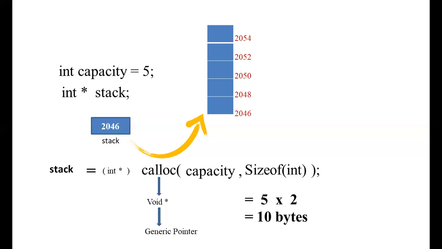Now you can ask me, if we want to store the 6th element, what do we have to do? We have to use the realloc function and write the logic, and all of this we will discuss. So we can implement the stack data structure algorithm in two ways, either by using the static memory allocation concept or by using the dynamic memory allocation concept.